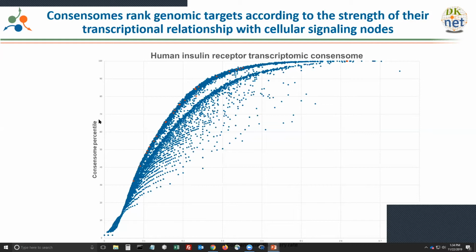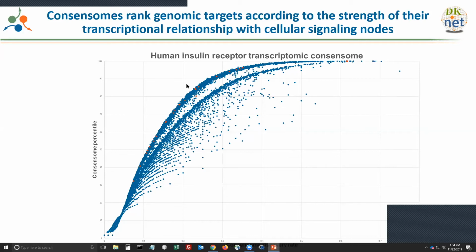And on the y-axis here you have the rank of that gene in the consensome itself. So typically up here at the top, you've got genes that are highly responsive to the insulin receptor, less so at the lower discovery rates here. And at the bottom, you have those genes that are very weakly or are unresponsive to insulin receptor signal.